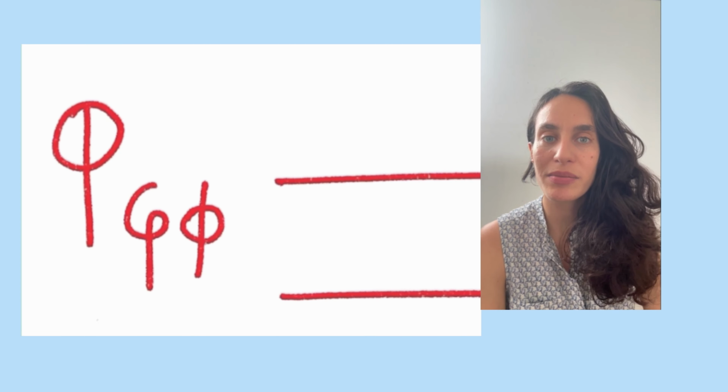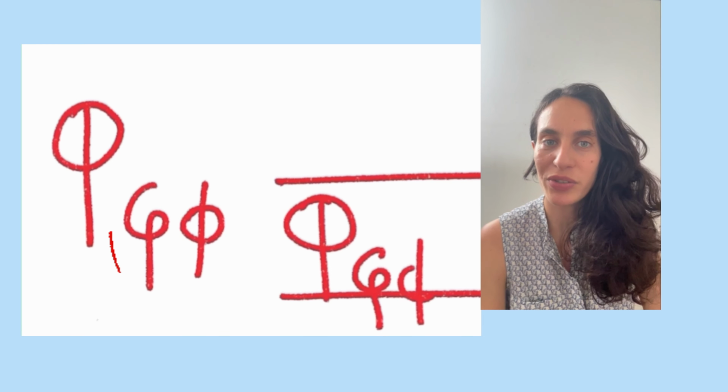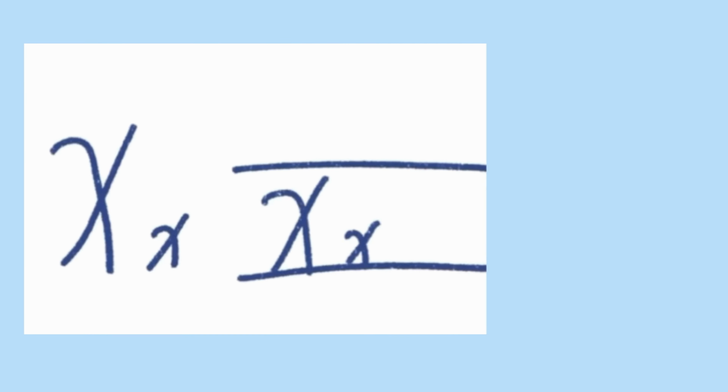Let's move on to the letter Phi. The sound of this letter is F, fire. The capital letter and the lowercase. The lowercase, you might see it in two different ways. Moving on to the letter Chi. Psi.